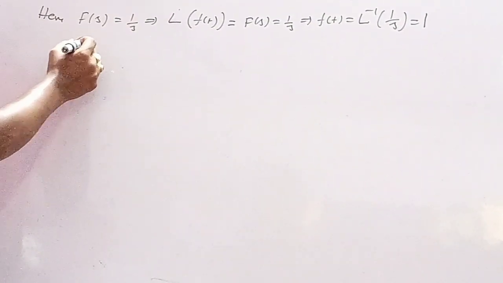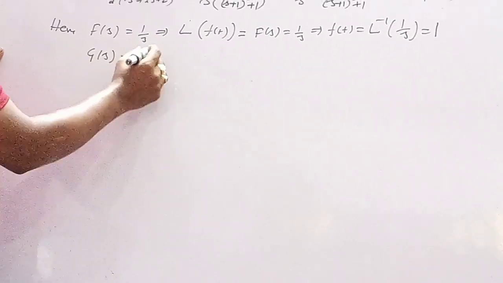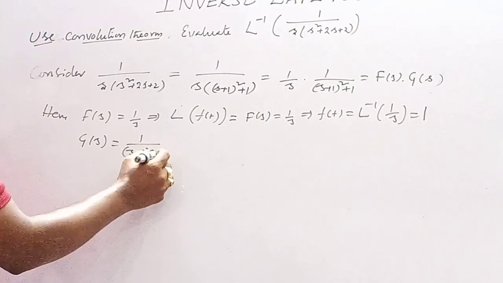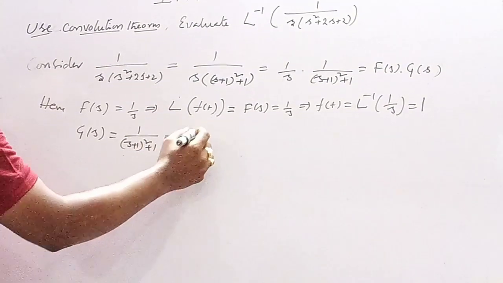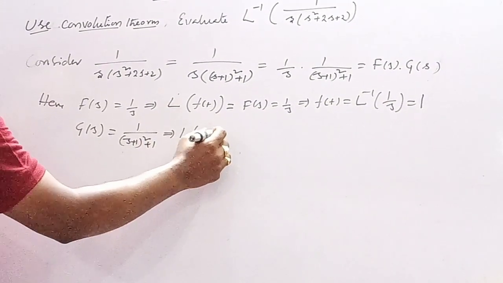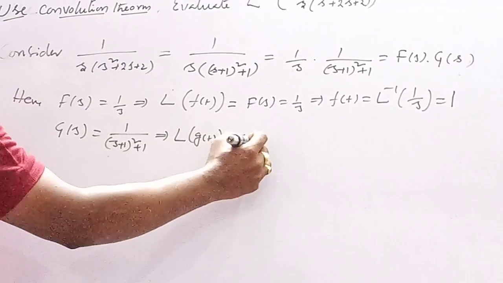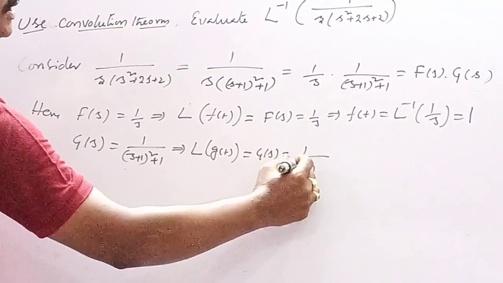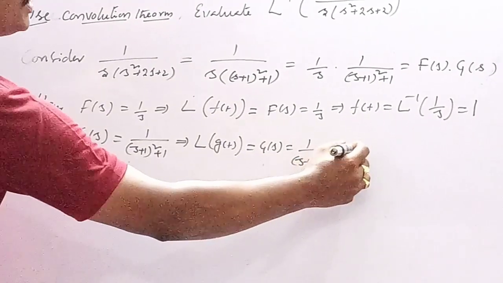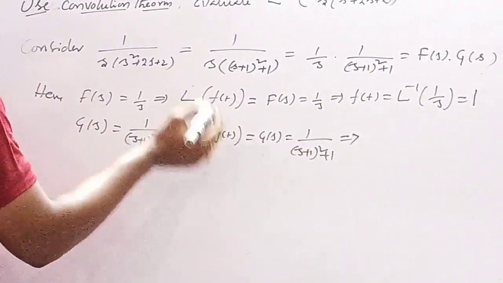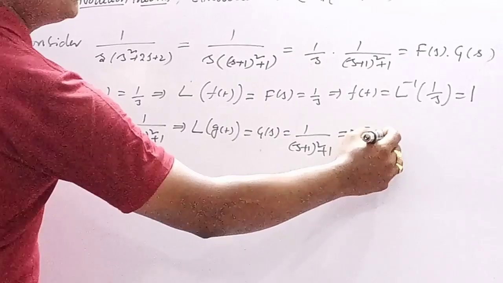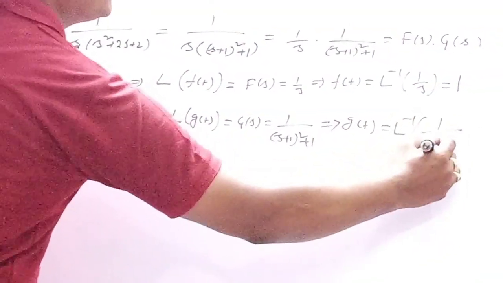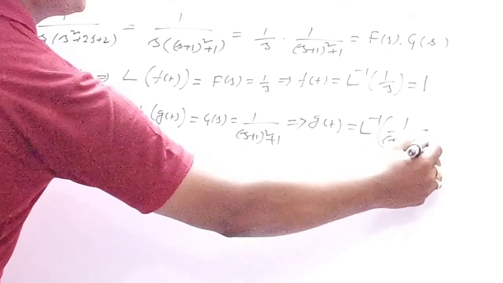Similarly, G of s equals 1 by s plus 1 whole square plus 1, that means g of t equals the inverse Laplace of 1 by s plus 1 whole square plus 1.